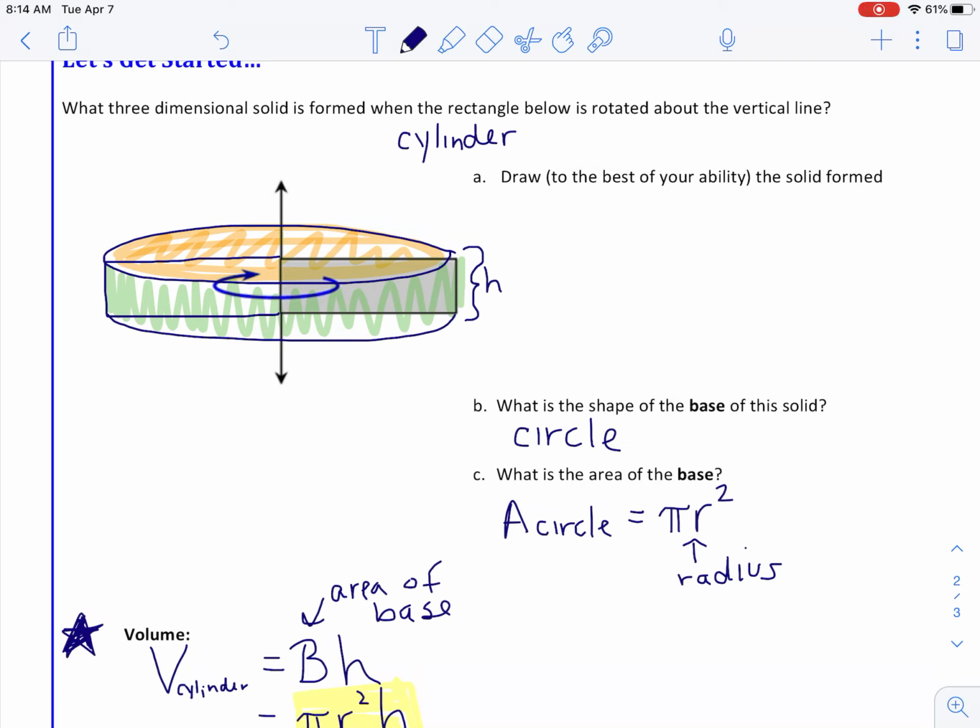If you cut a toilet paper roll and spread it out, it would look like a rectangle, right? So you know the height, and see if this makes sense. The length will be the circumference of the circle because it has to wrap all the way around.